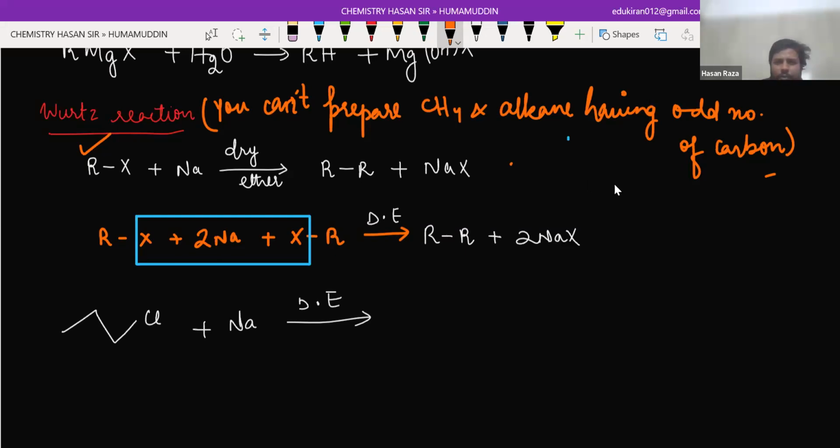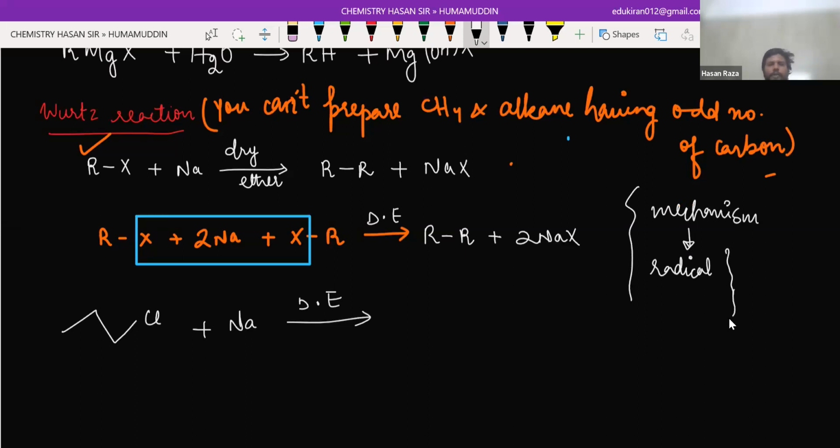This needs to be remembered: when you do the mechanism, you will see it is followed by formation of radical.